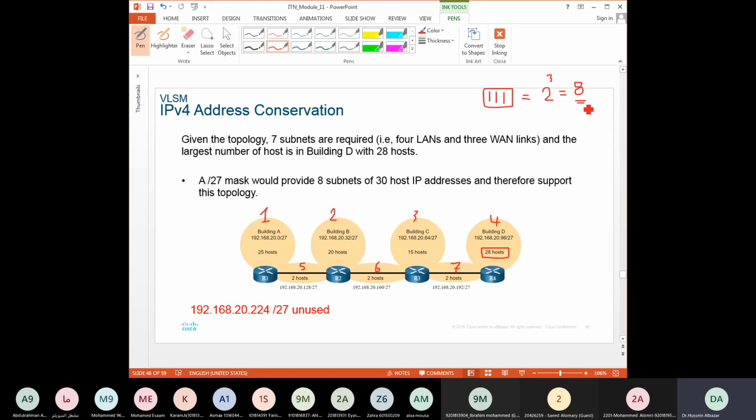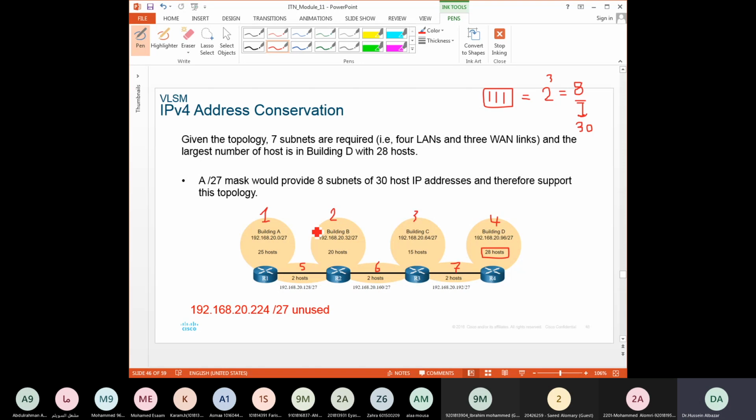Now, how many usable hosts per subnet? 2 to the power 5, 32, minus 2, 30 hosts. So if we use the prefix /27, we can have 8 subnets, and each subnet will have 30 usable host addresses.